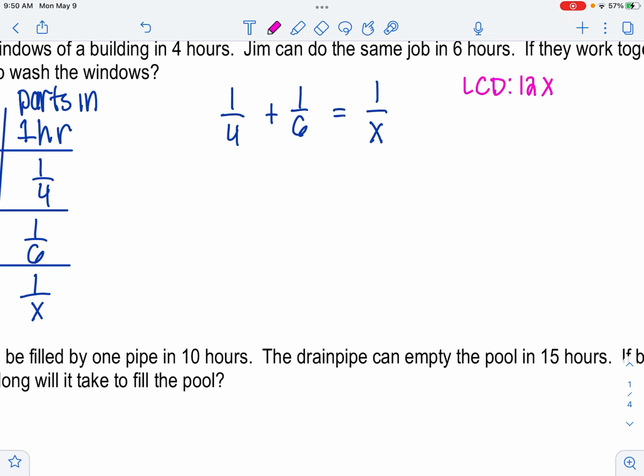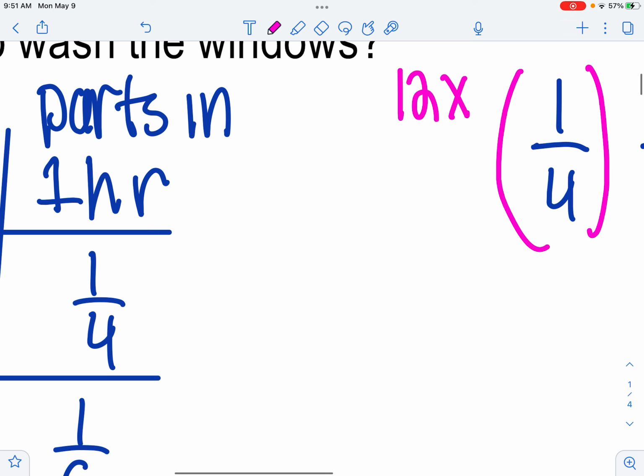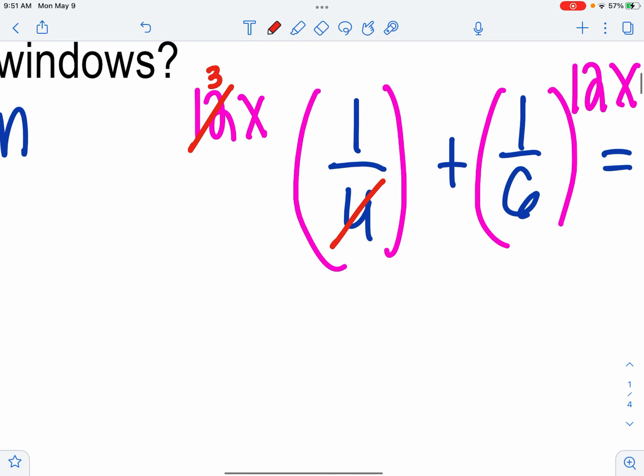All right, so what I'm going to do is multiply everything by 12x. You know you didn't get the LCD if one of your denominators doesn't cancel out. If it doesn't cancel out, then that means you didn't take care of the lowest common denominator. Now you're going to simplify each one of these fractions. I can see that 4 goes into itself once and 4 goes into 12 3 times, so that becomes a 3x.